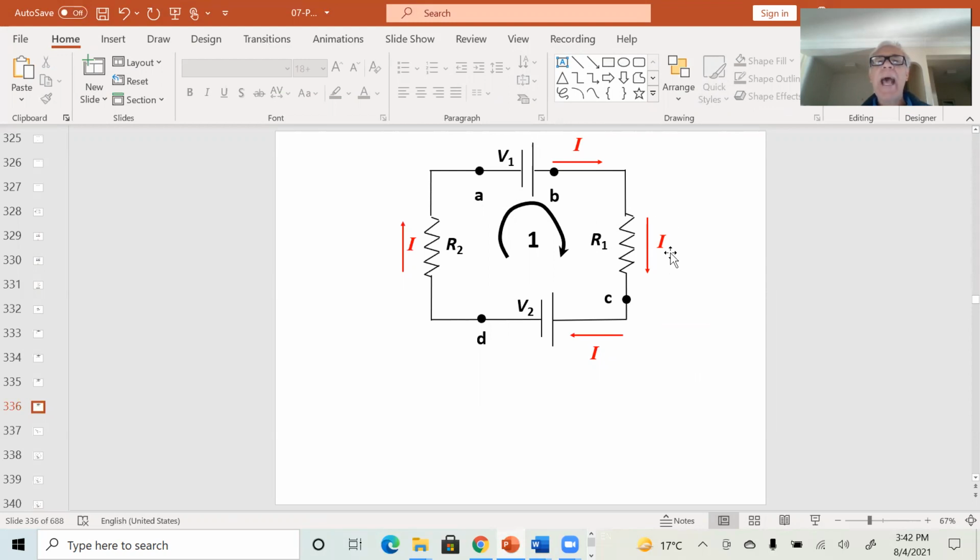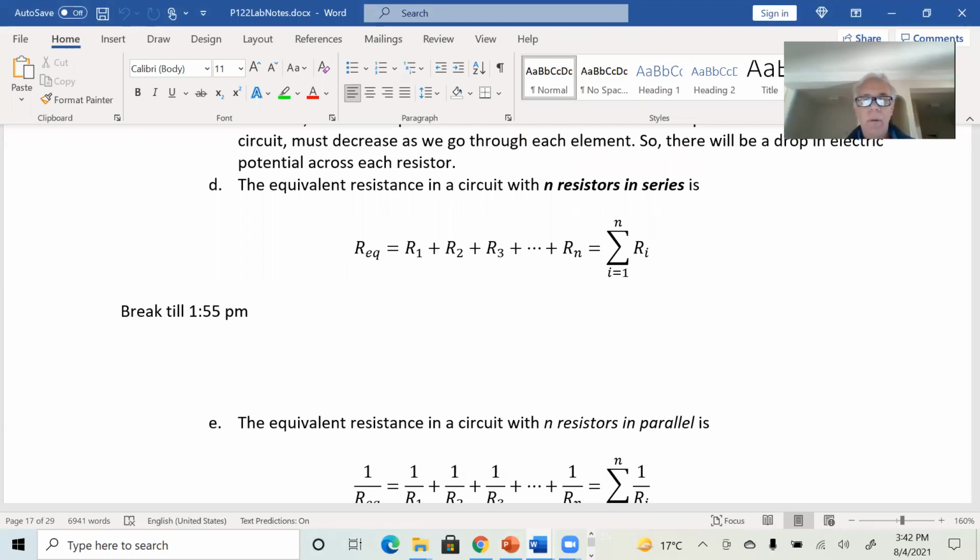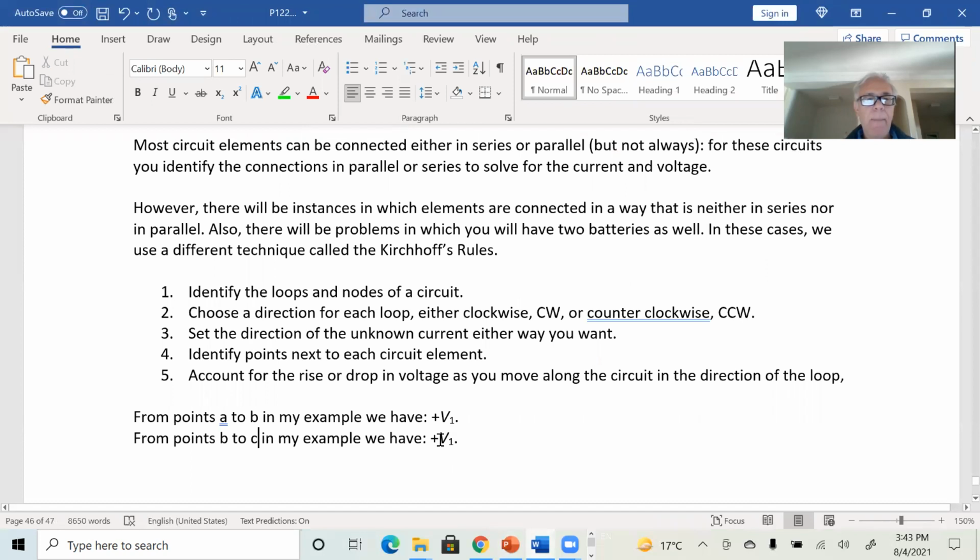It's going to be minus R1 I. See the negative sign here?